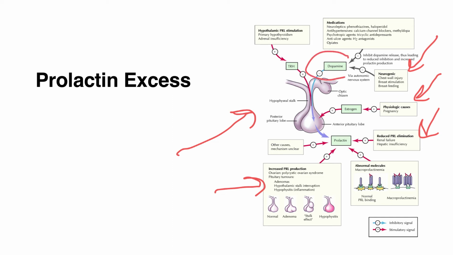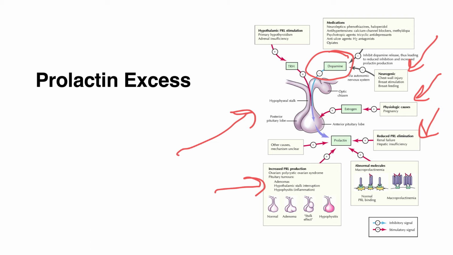Then you cannot forget that we also have dopamine, which is inhibitory upon prolactin. So if we're giving anything that would mess with dopamine expression, so either increasing dopamine, so things that make you feel good increase dopamine, like opiates do, alcohol does, anything that chocolate cake does, and then things that block dopamine like neuroleptics, antipsychotic medications, those can alter expression as well.